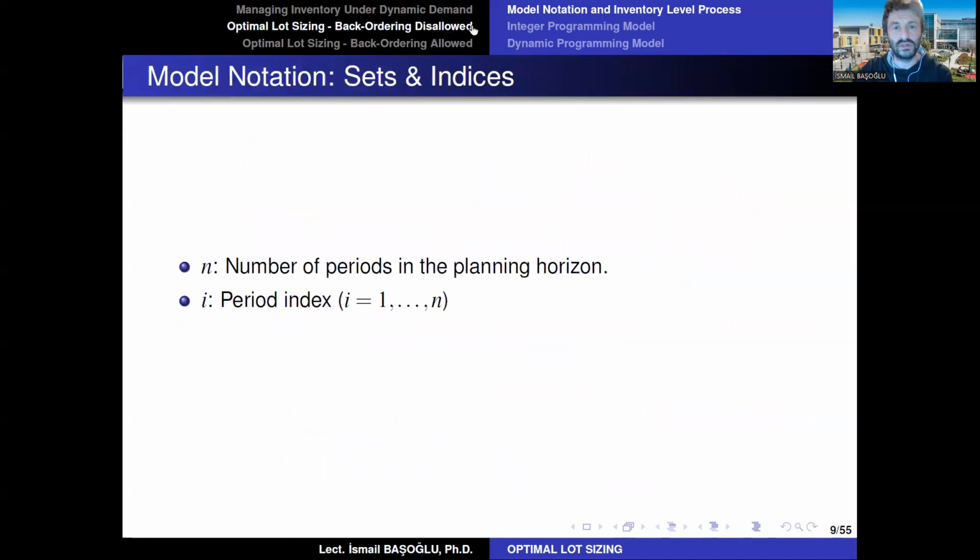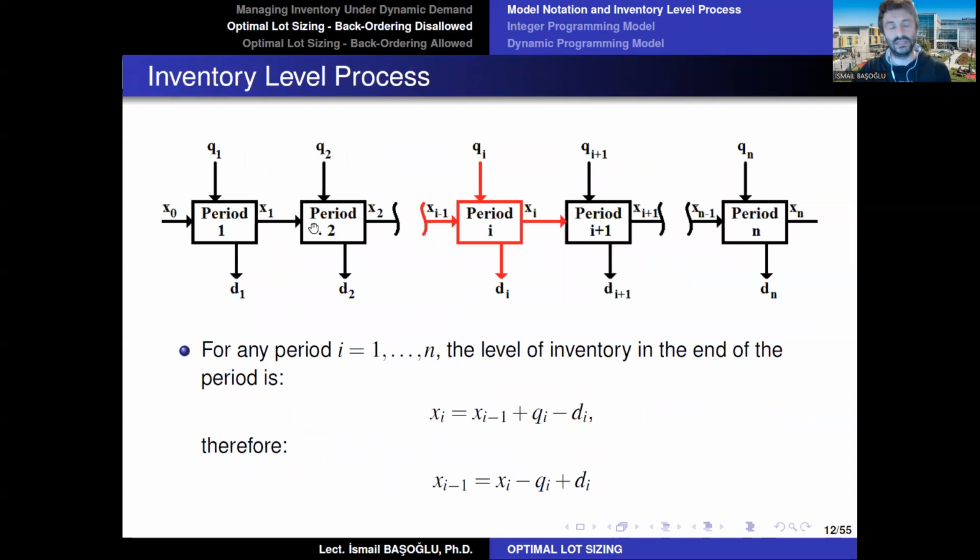So if you remember, let me show you the inventory level process. Last week, we said that you start any period with the initial inventory level, which is the ending inventory level of the previous period, xi minus 1. So you start with this initial inventory level, you manufacture Qi units, or you order Qi units to receive them in the same period again.